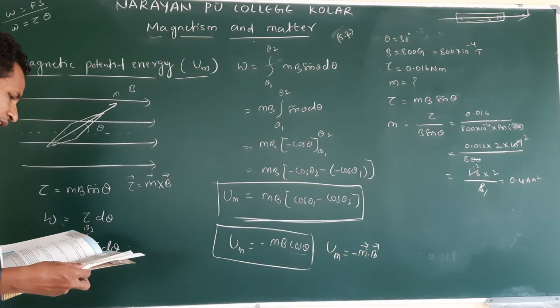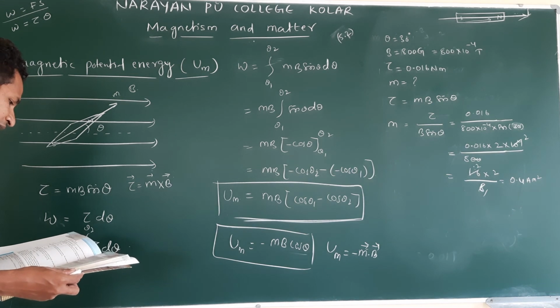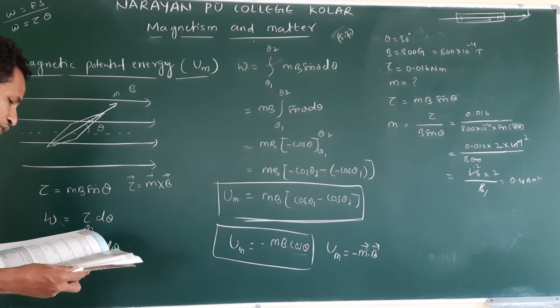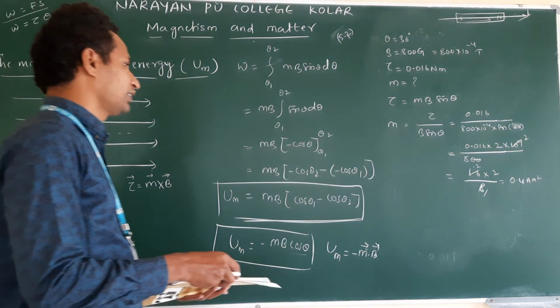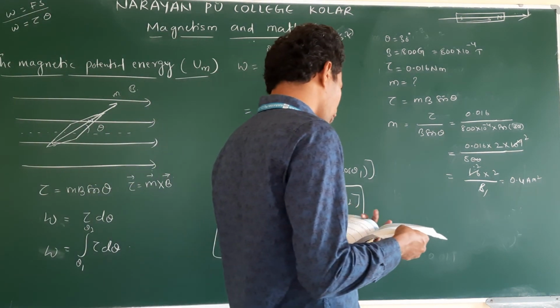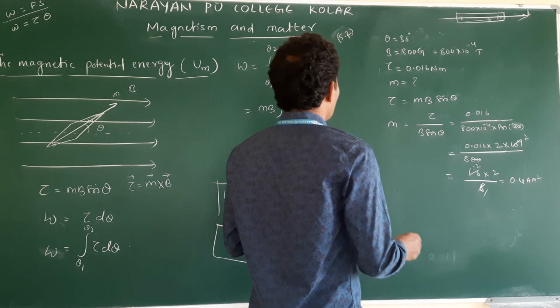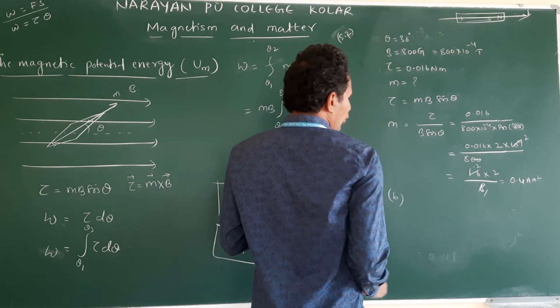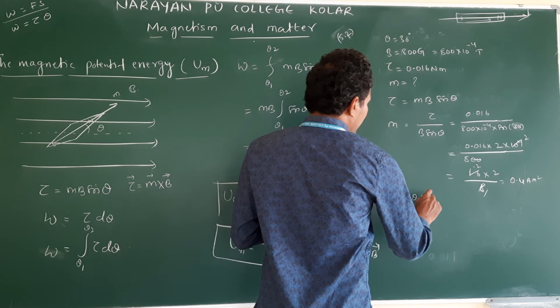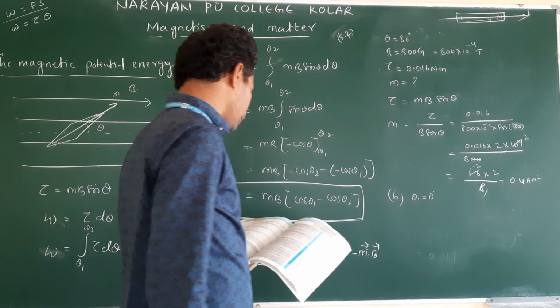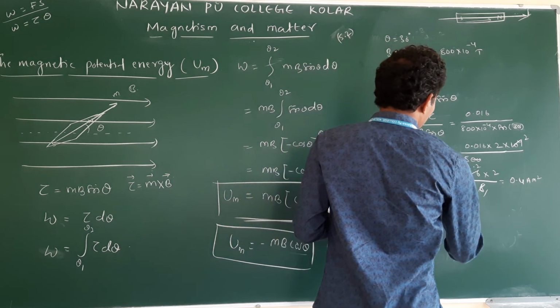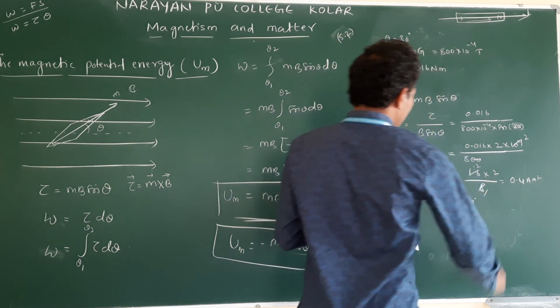Next question is what? What is the work done in moving from the most stable to the most unstable position? So, second question is this B. Most stable position means theta 1 is equal to 0 degree. Most unstable position is theta 2 is equal to 180 degree.